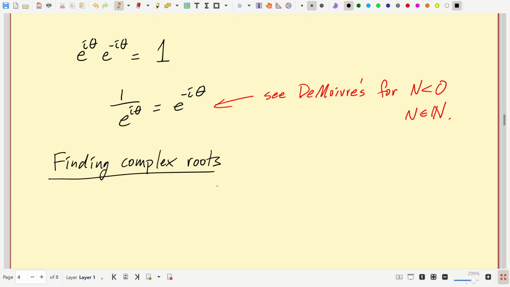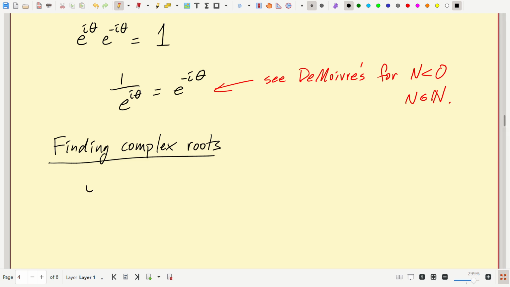Probably the best way to demonstrate this is to just do it as an example. So let's find all the complex z such that the fourth power is something. Let's make it be a complex number. How about 16i?